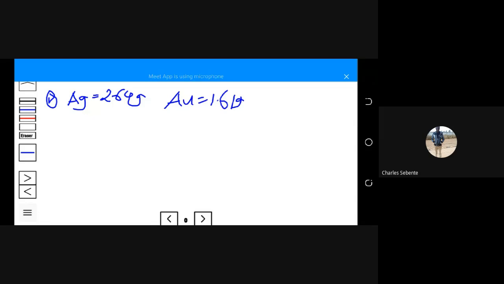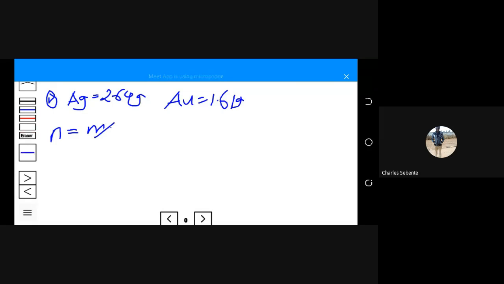So we're going to convert the mass of silver to number of moles. How do we convert that? We know what to do. Number of moles equals mass over molar mass, so you do not multiply, but you divide.